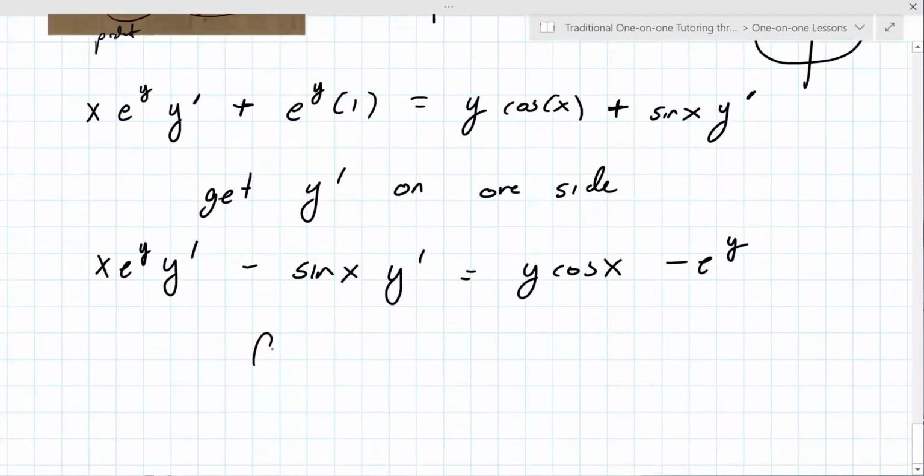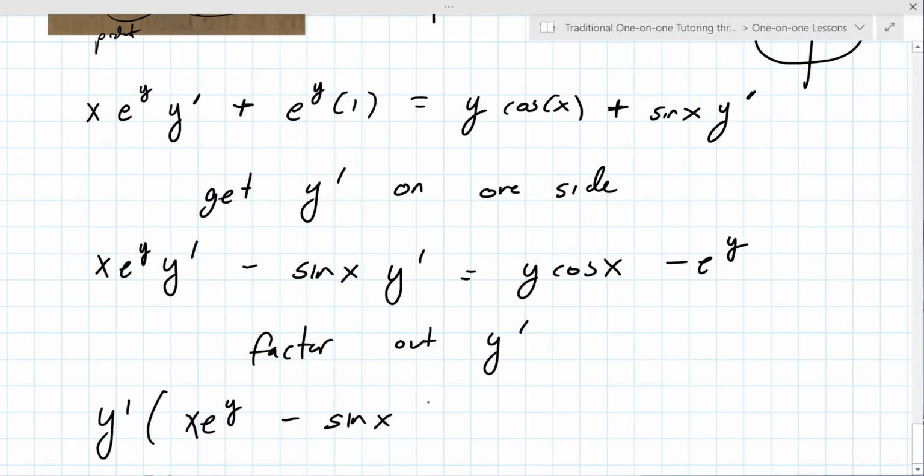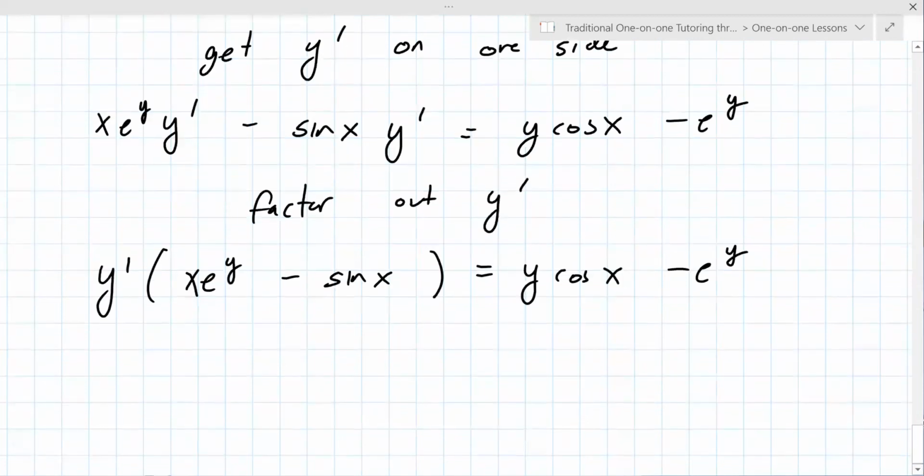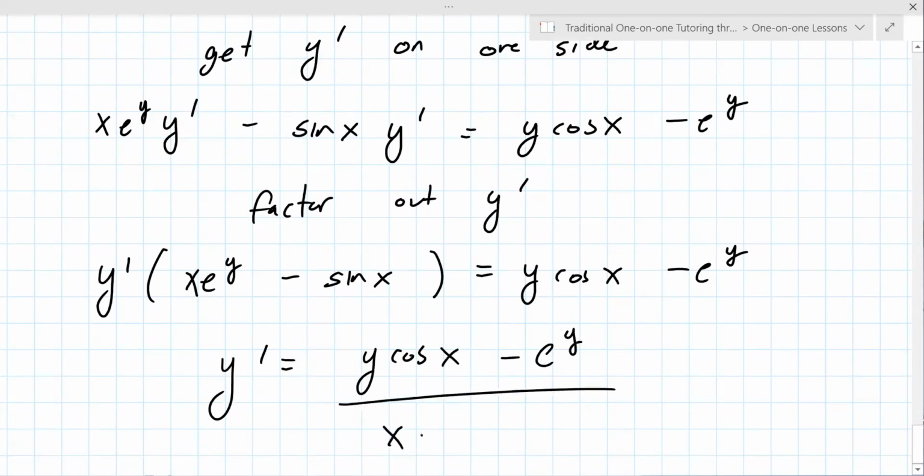Then you factor out y prime, so you get y prime times x e to the y minus sine x. Then you divide, so y prime equals y cosine x minus e to the y over x e to the y minus sine x. Alrighty.